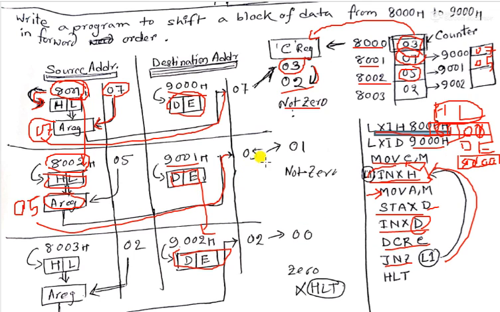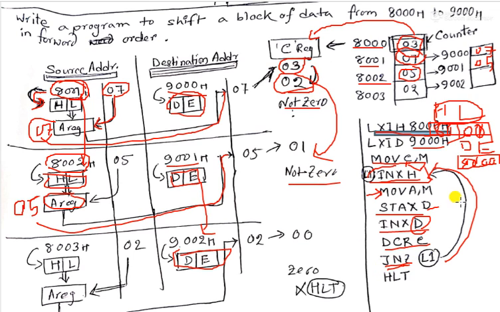DCR C means decrement. The value of C register was 02, now it comes to 01, and we check not 0.